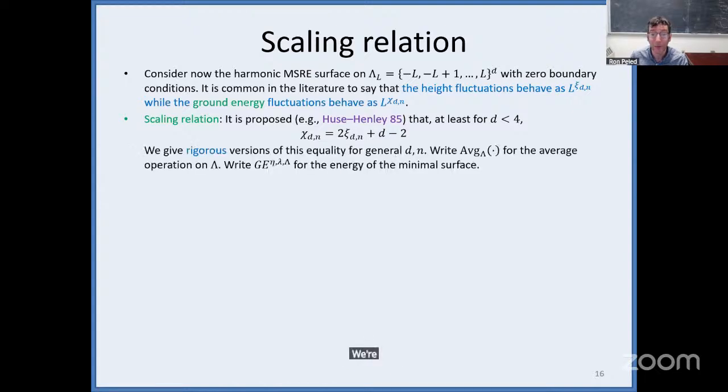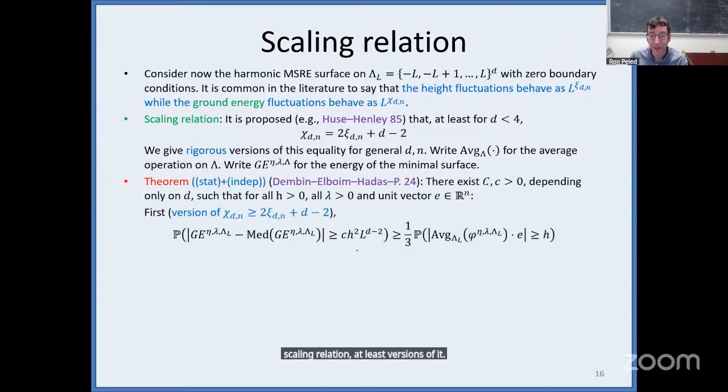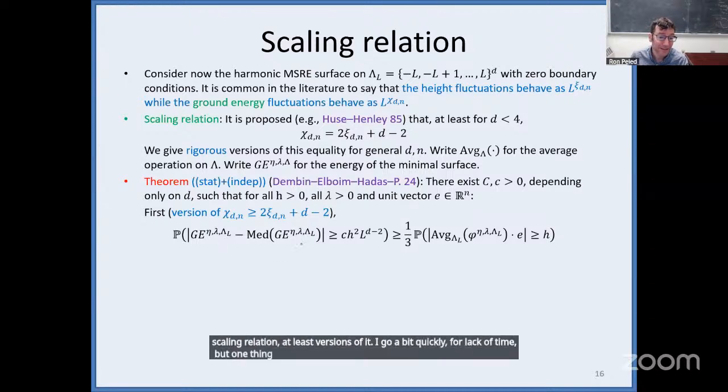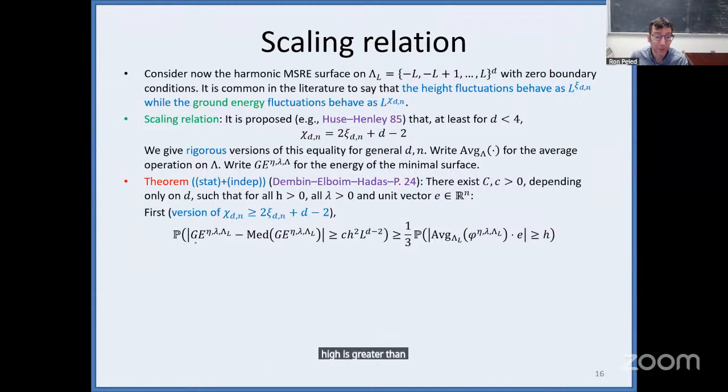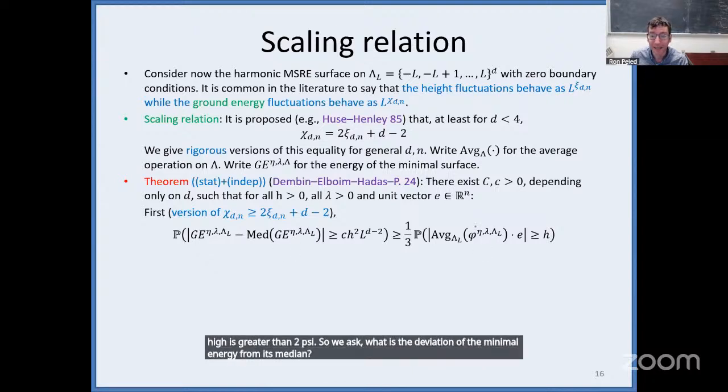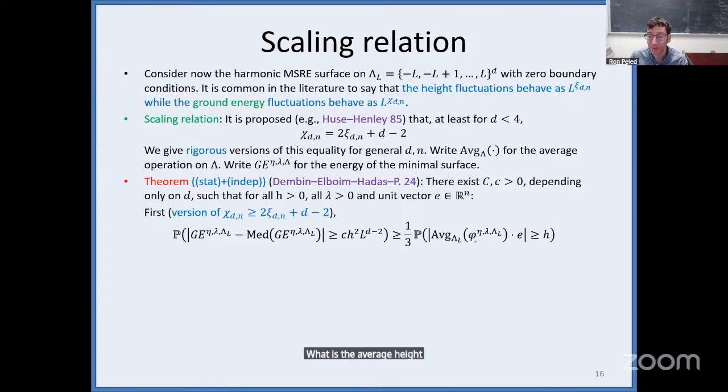We're able in our model to rigorously verify this scaling relation, at least versions of it. I go a bit quickly for lack of time, but one version is that chi is greater than 2 psi. So we ask, what is the deviation of the minimal energy from its median? What is the average height of the surface?